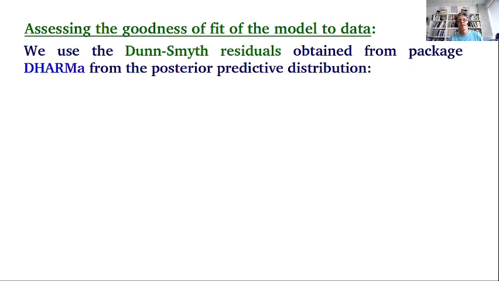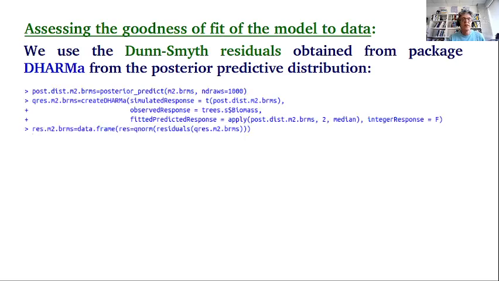The goodness of fit is assessed with the Dunn-Smyth residuals based on the posterior predicted distribution. Here it is. This posterior predicted distribution is an input for the command createDHARMa of the DHARMa package. With the observed values and the median of the predicted values, we obtain the raw Dunn-Smyth residuals that are converted to a normal distribution.